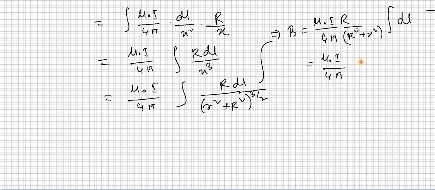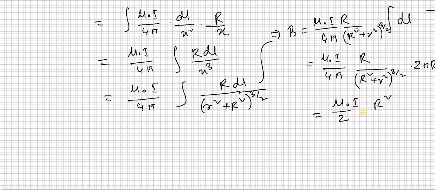So it is r divided by R square plus r square to the power 3 by 2 multiplied by twice pi R. If we simplify it, we get mu naught I R square by 2 times R square plus r square to the power 3 by 2. This is the magnetic field at a distance r.